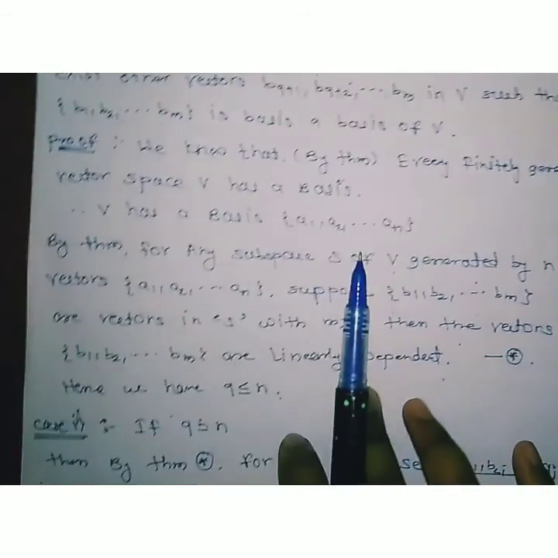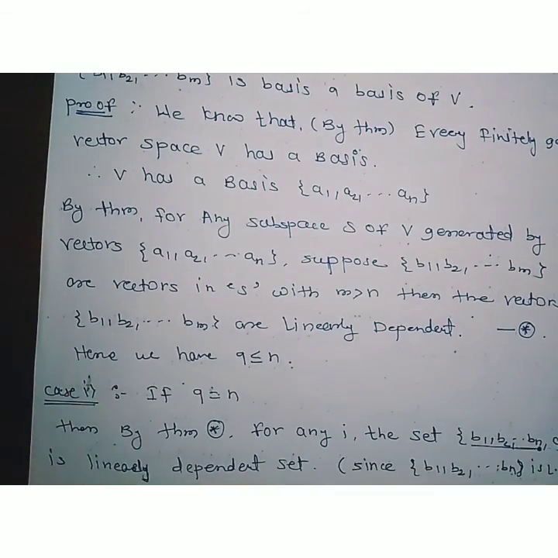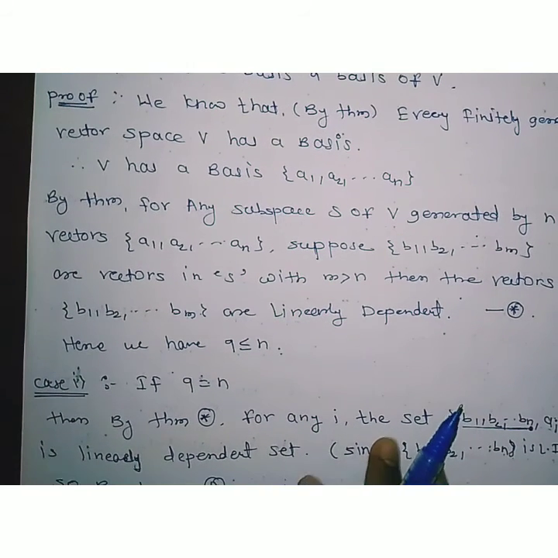There are three cases to consider in proving this theorem, and you should look at the statements of the previous theorem so that you can easily prove this theorem. Okay, this is the proof of this theorem.